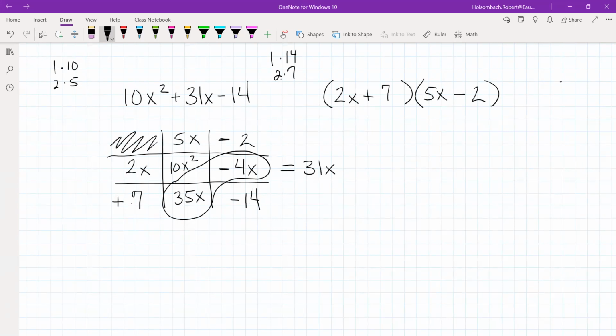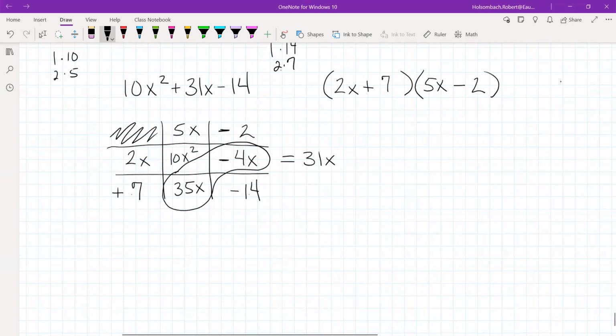All right, so factoring with different signs today. And I've got a couple practice problems for you to do.